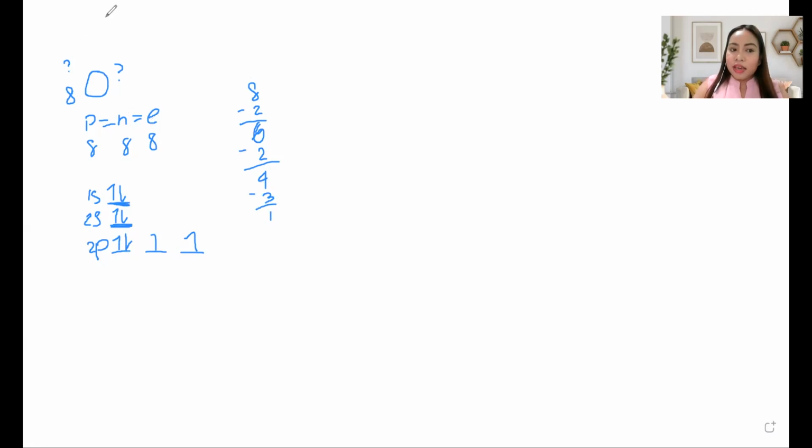Now, based on this particular electronic configuration, how many orbits are there in the Bohr's atomic model of oxygen? In writing our Bohr's atomic model, we write in the center the symbol of the element. This represents the nucleus. On this part, this is taken from n and l.